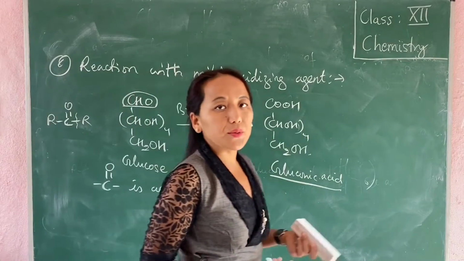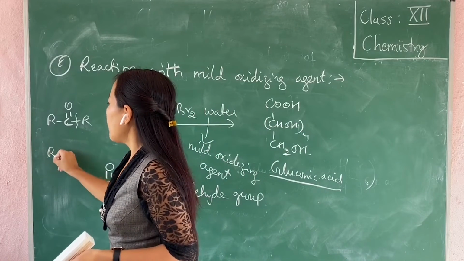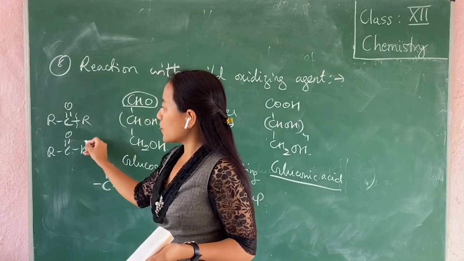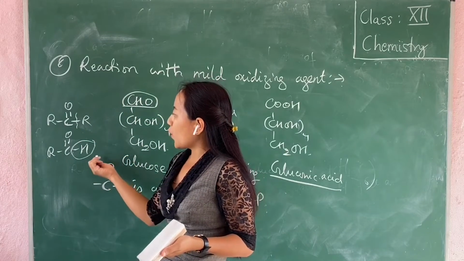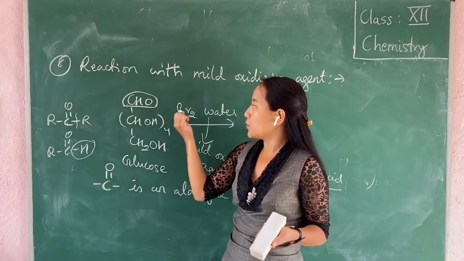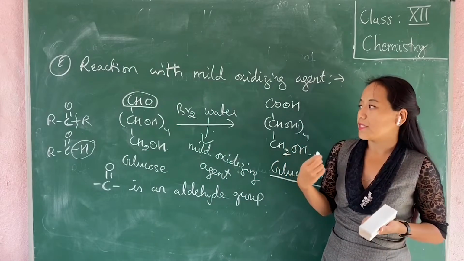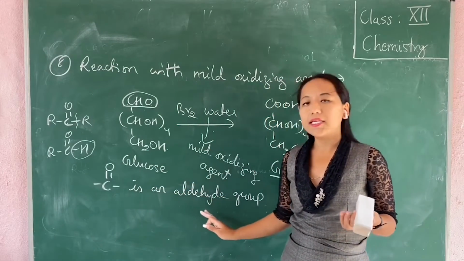Only aldehyde groups get easily oxidized, because in aldehyde you have R C double bond O H. Now it's very easy to oxidize this hydrogen atom than this R. So whenever you treat an aldehyde with a mild oxidizing agent, it gets converted to a carboxylic acid. So from this, it was confirmed the carbonyl group present is an aldehyde group.